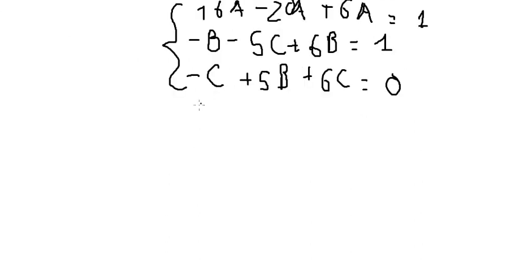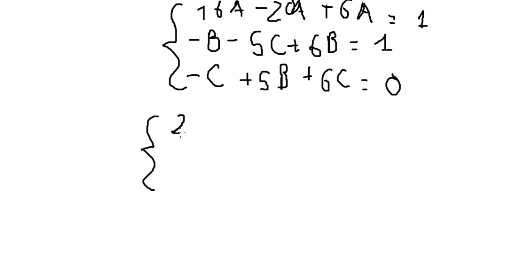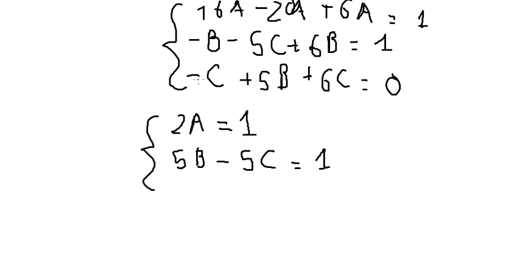Now we need to simplify everything. So we have 16A minus 20A plus 6A, we will have 2A. 6B minus B, we have 5B minus 5C equals number 1. 6C minus C, you got positive 5C, and we have 5B in here equal to number 0.